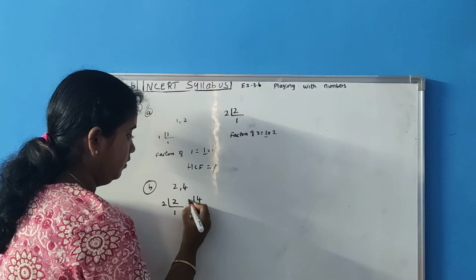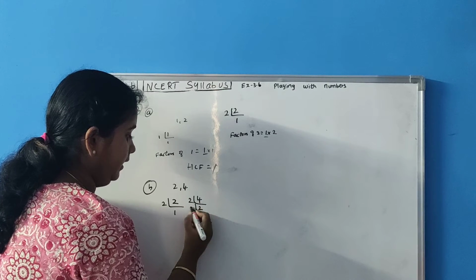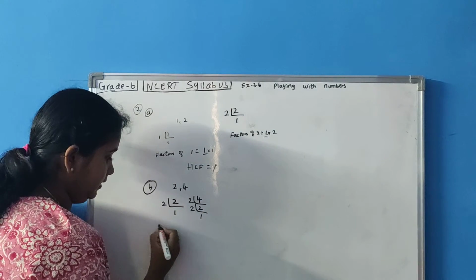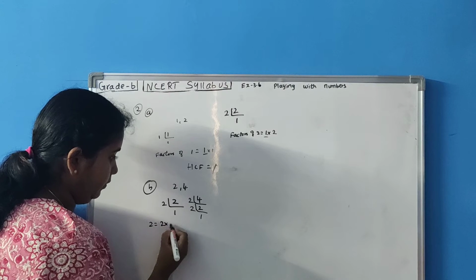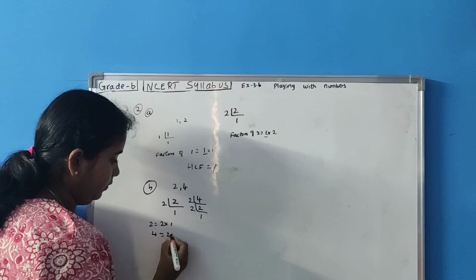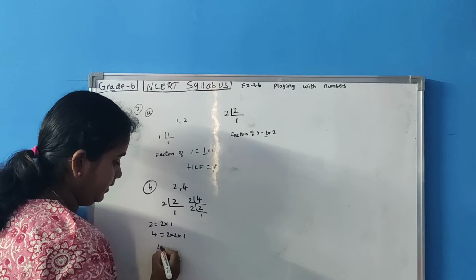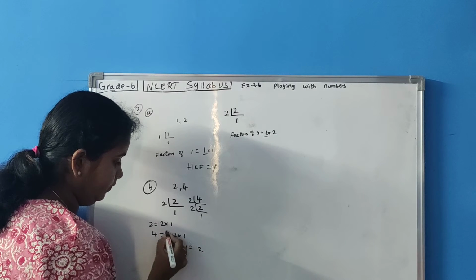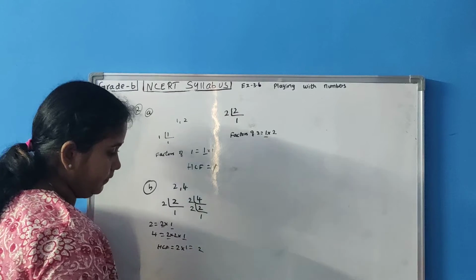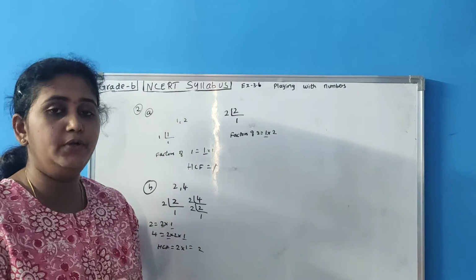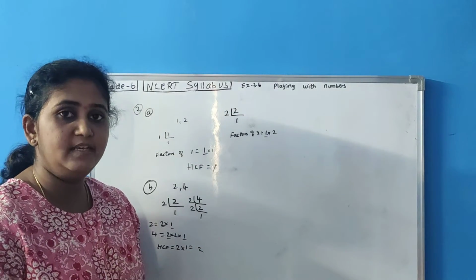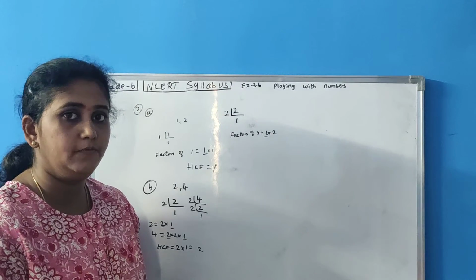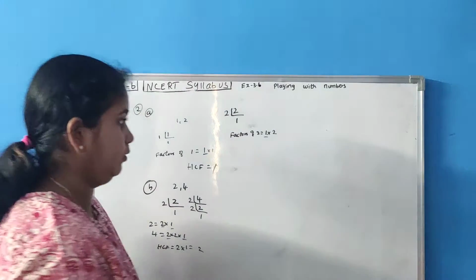For 4, 2 2s are 4, then again 2, 1. So for 2 equal to 2 into 1, for 4 equal to 2 into 2 into 1. So what is the HCF? HCF equal to 2 into 1, that is equal to 2. So for any consecutive even numbers, the HCF will be 2. If you want, take any other example and try it out and see.